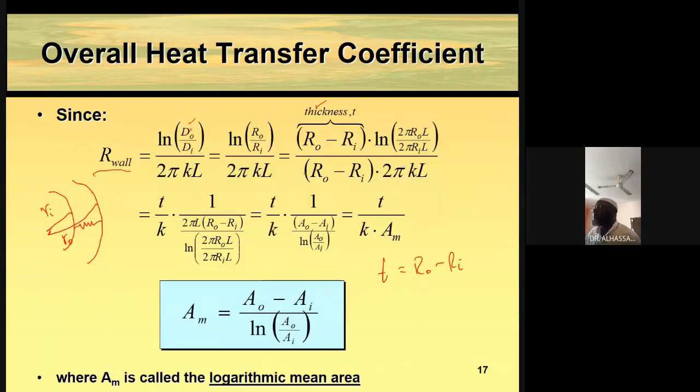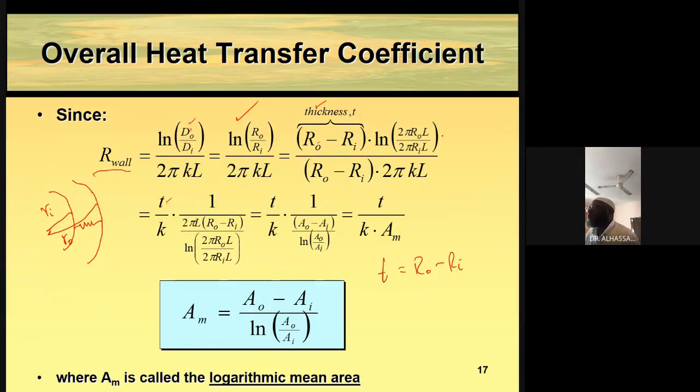So over here, I divide both top and bottom of this equation by the thickness, so I can go back to my previous equation, and it will not affect it. So now what we do is represent this RO minus RI with T, and that T is this.